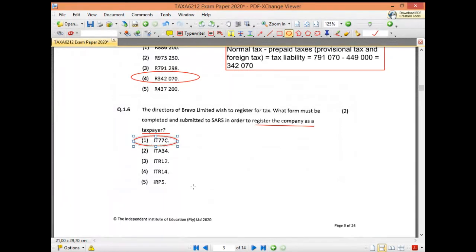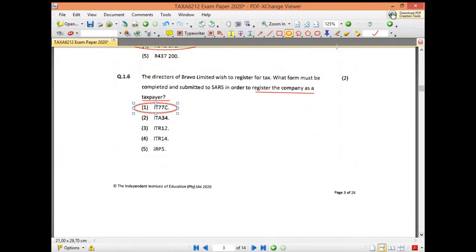Okay, so that is basically where for an employee we show what tax have been deducted. They could potentially, based on your module, ask you the ITR 14 as well or the ITR 12. You need to just know what these tax numbers stand for. Okay, let me quickly write it in here for you, then you know. So this is the assessment.